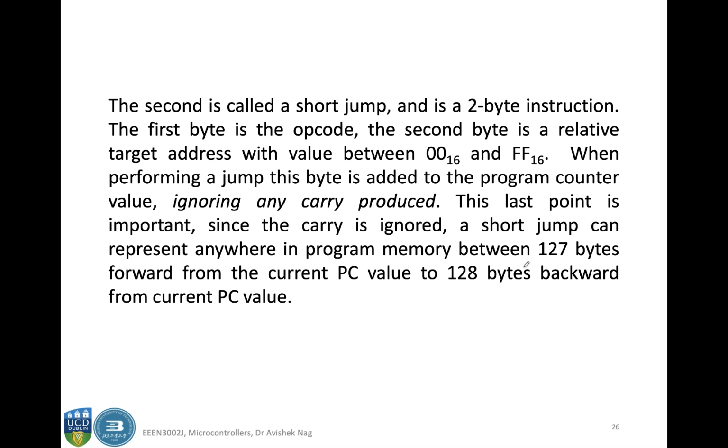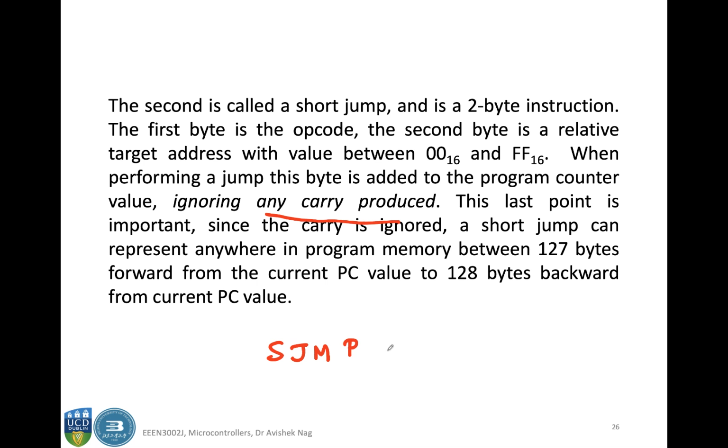This means, let's say when performing a jump, this byte is added to the program counter value, ignoring any carry produced. Okay, so let's say you are using a short jump.